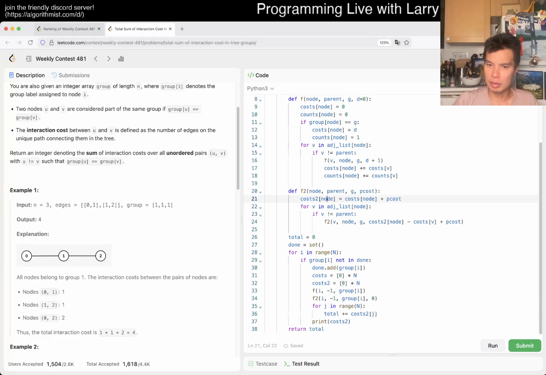Cost of 2, is that even true? Oh, this probably could be true actually. Yeah, but this updating is not true. Okay, so this minus these, which is probably fine, plus p cost. Maybe not so fine. Maybe I have to do a p count as well.